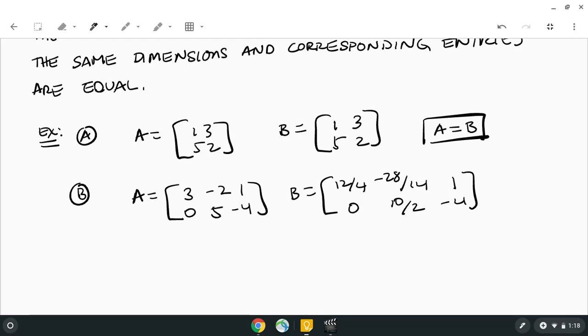At first glance, it might look like they are not equal, but if you reduce those fractions in matrix B, 12 over 4 is 3, negative 28 over 14 is negative 2, 10 over 2 is 5. So here, all of the entries match. So A does equal B.